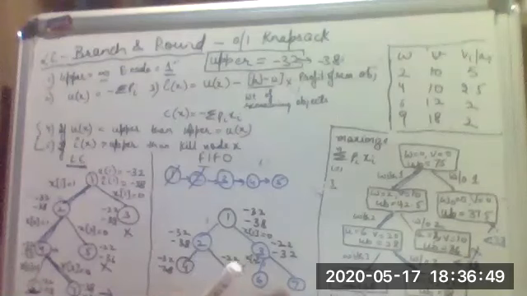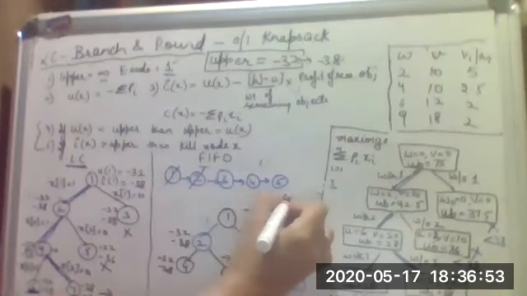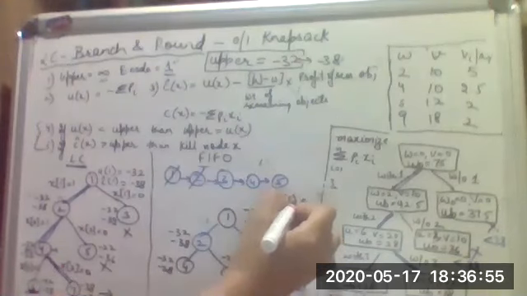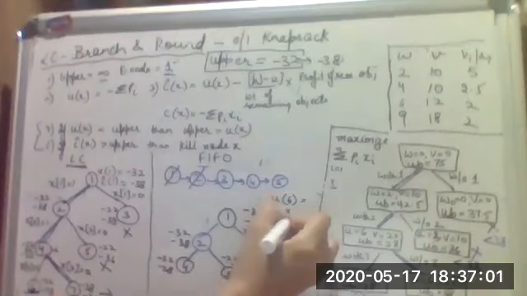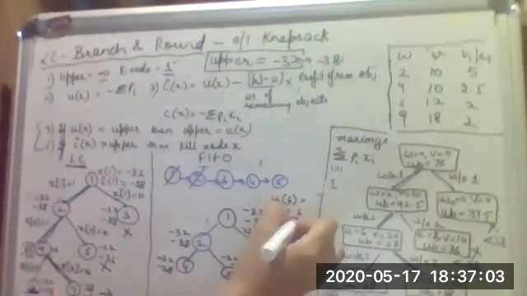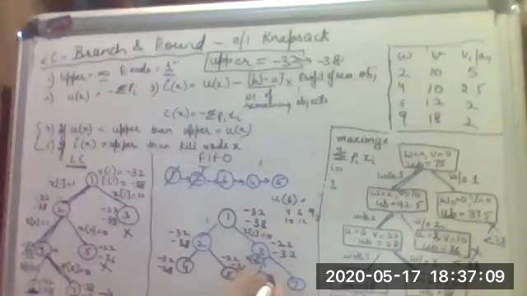So in this case, the second element is there. So your u of 6 will be equal to what weight value? We have the first element 4 with 10, then the third element 6 with 12. Can we include the fourth element with the 9 weight? No. So we have the value here as minus 22.